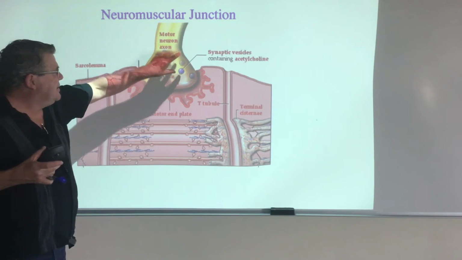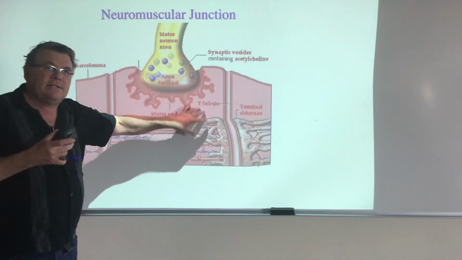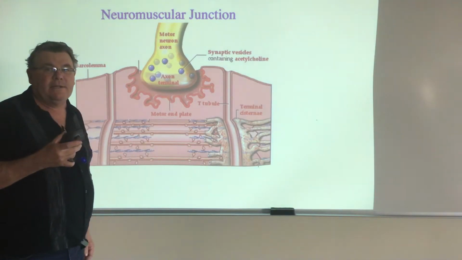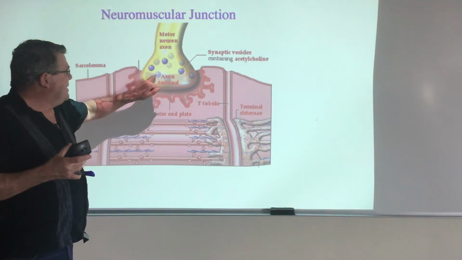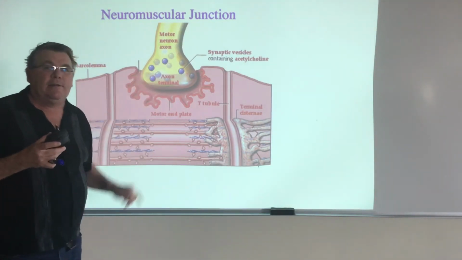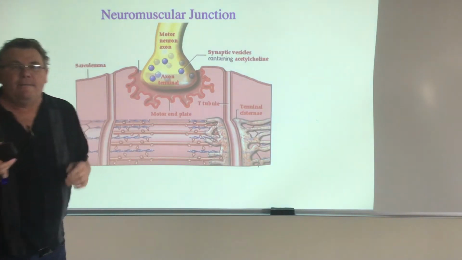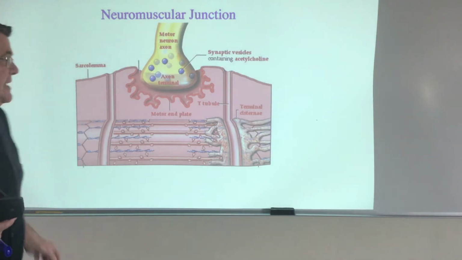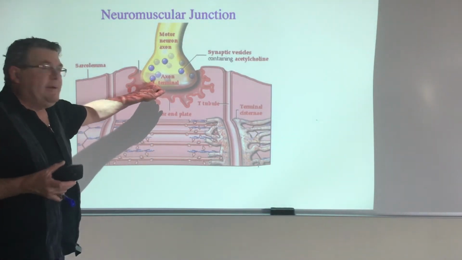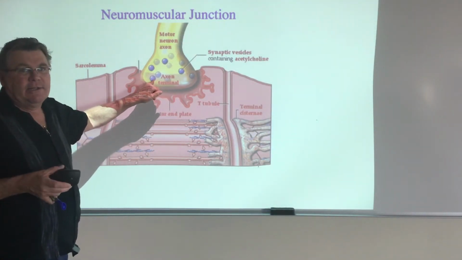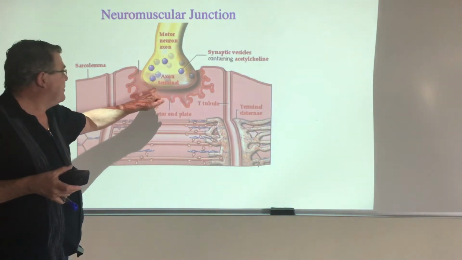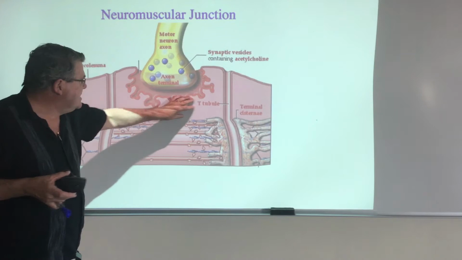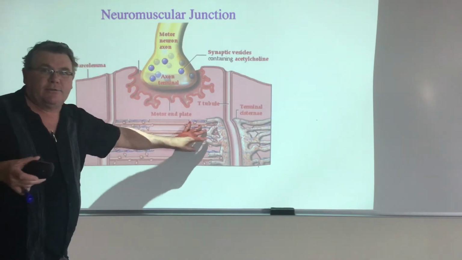So the only way the neuron can talk to the myofiber, the muscle, is by taking the contents of these little vesicles and exocytosing them, so spewing out the contents. What will be in these is acetylcholine. That will exocytose and it will cause this cell down here to respond.